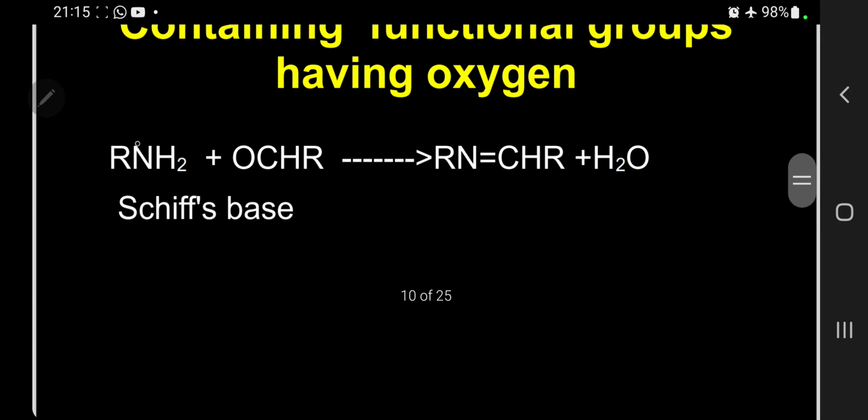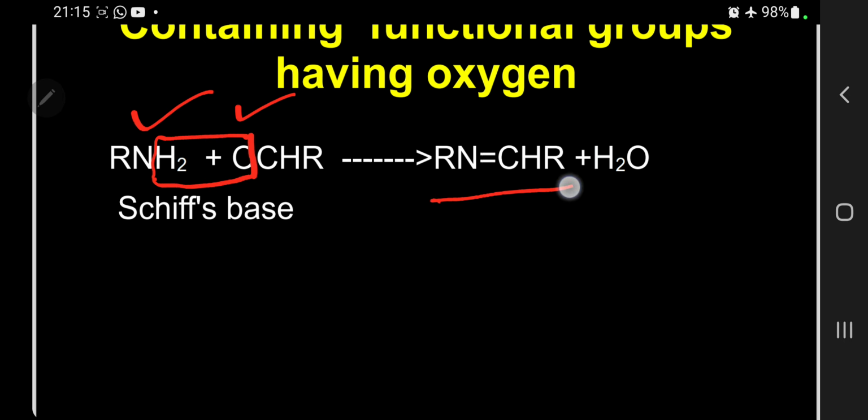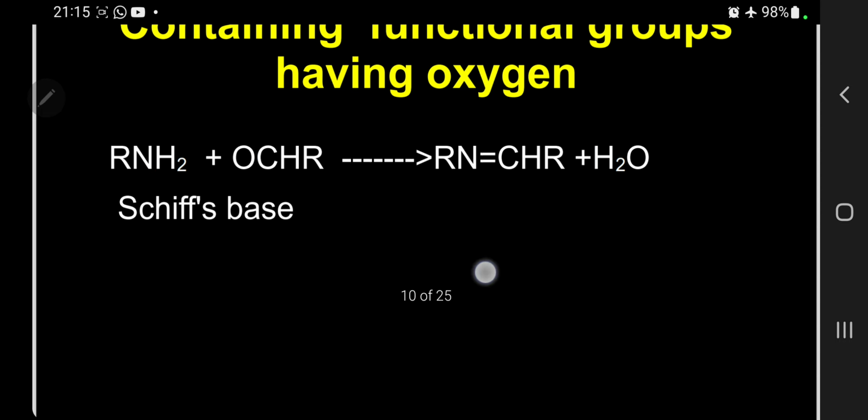Next, amine. Primary amine undergoes condensation reaction with aldehydes or ketone to give the base that is called Schiff base. First one, RNH2 amine, RCHO aldehyde, gives R-N double bond CHR, the Schiff base. Okay.